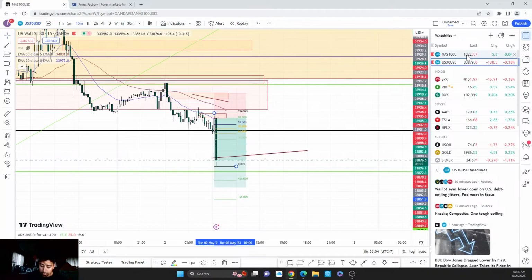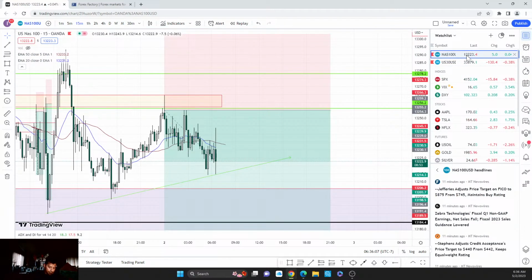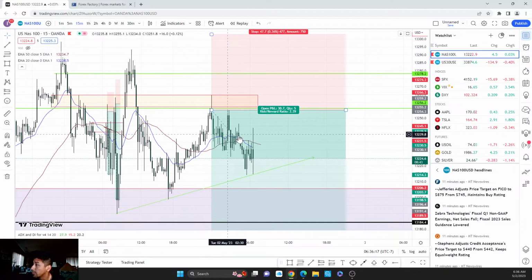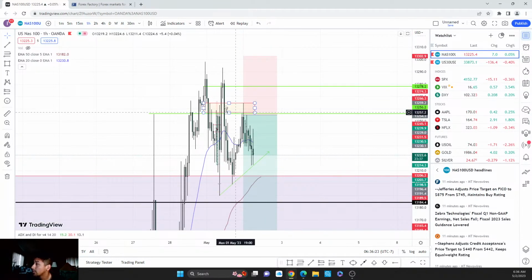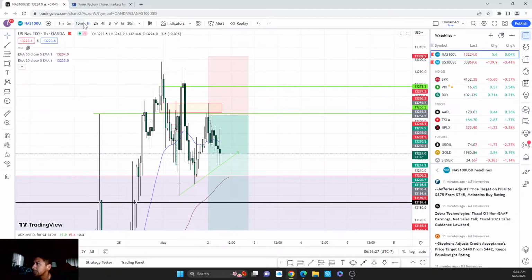Honestly, Nas looks kind of good to come down. Let me see something on Nas real quick. It's right on that trend line, right? But what else it's doing is it's respecting this EMA. Golden zone's been respected and rejected multiple times, but you know what?